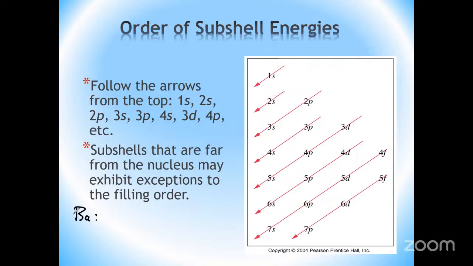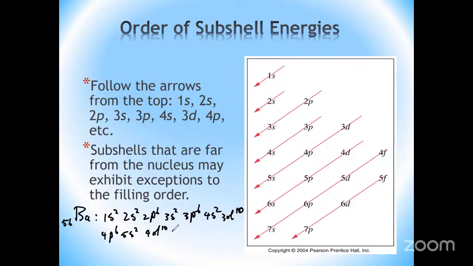Okay, so tell me what to write down. Oh, and the atomic number is 56, all right. 1s2, 2s2, 2p6, 3s2, 3p6, 4s2, 3d10, 4p6, 5s2, 4d10, 5p6, and 6s2.